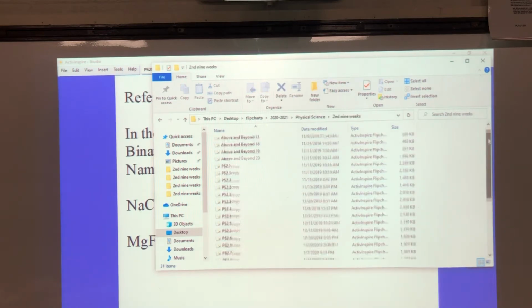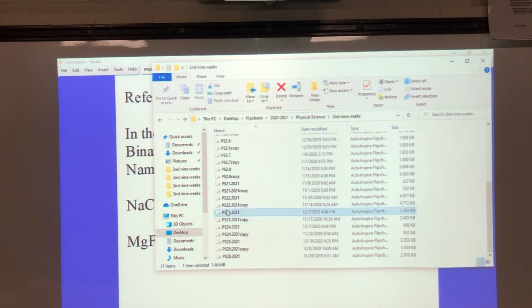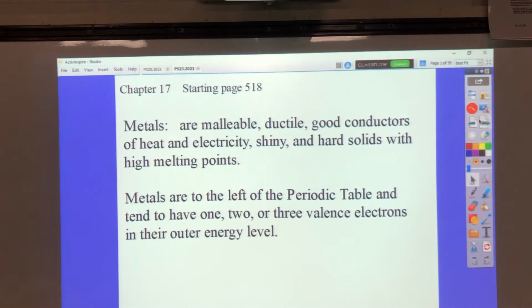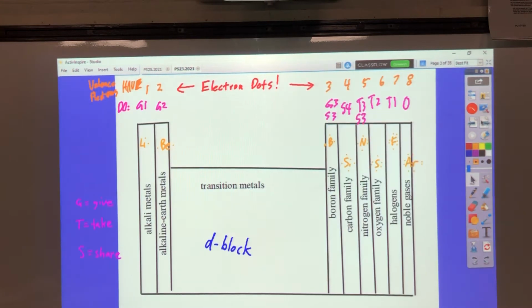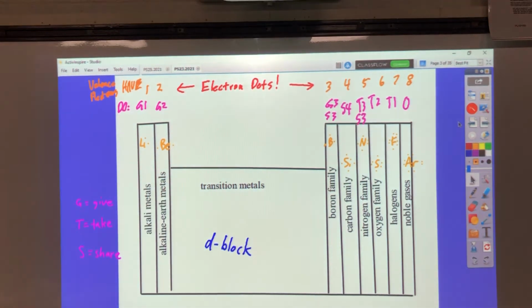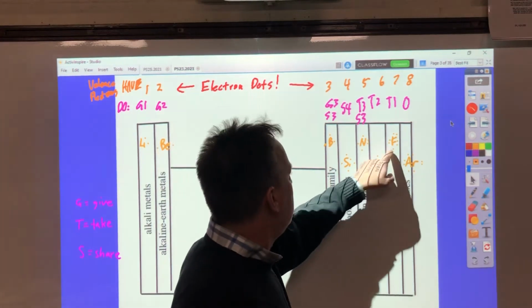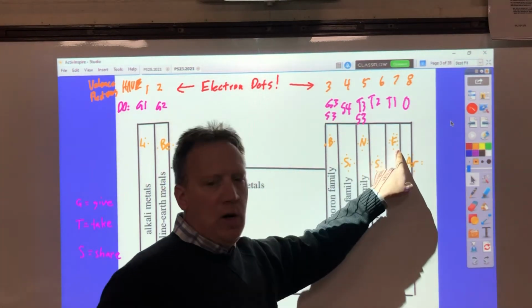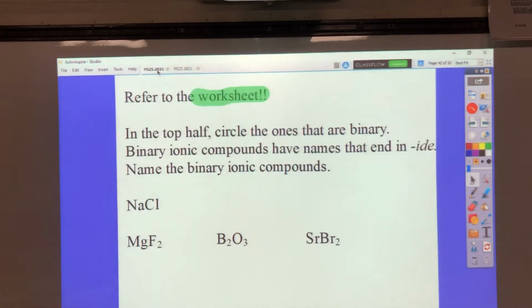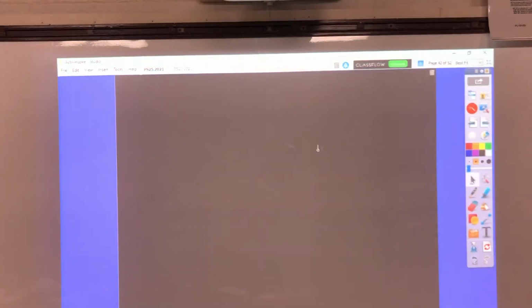Magnesium is about here, and fluorine is about here. So it's magnesium fluoride. That's how you do those. So how do you do the other ones?